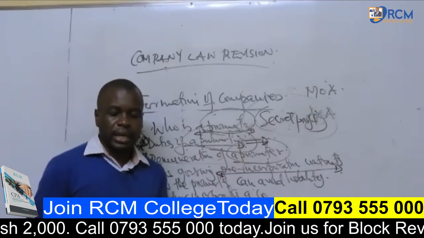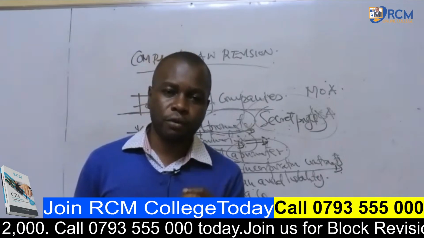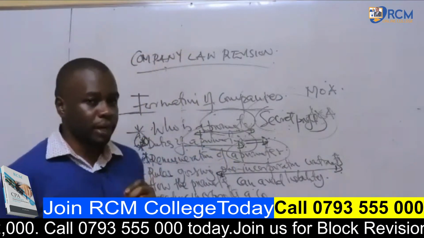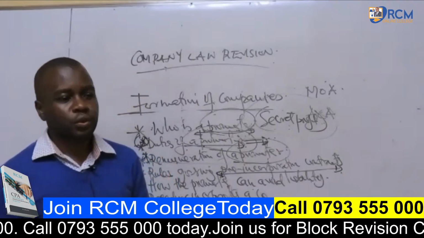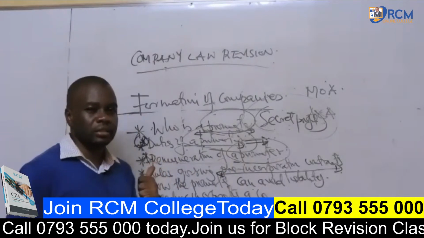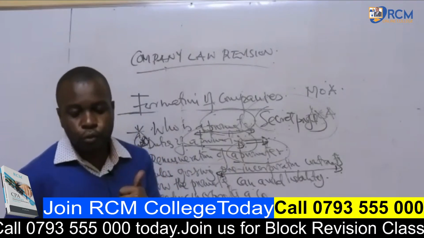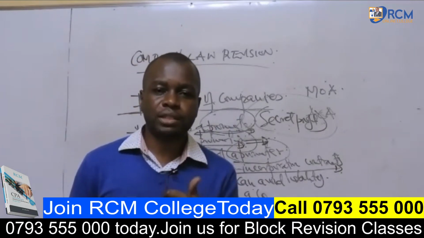Number 3, any person who proposed to enter into a contract on behalf of the company before the company is incorporated will be held personally liable. So we can see that this point shifts the blame to the promoter of the company, because it's the one most likely to enter into a contract before the company is incorporated.